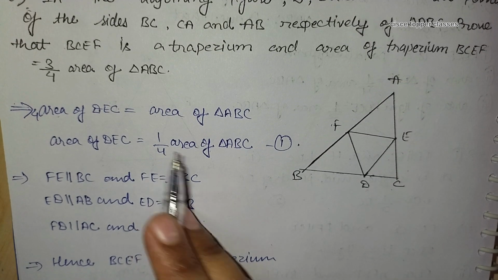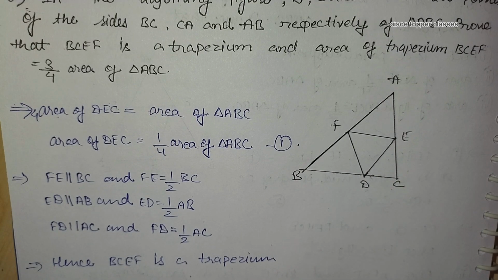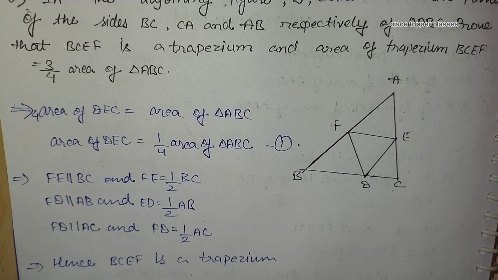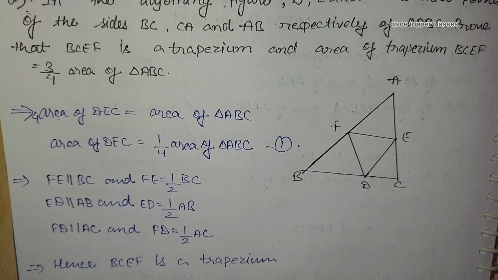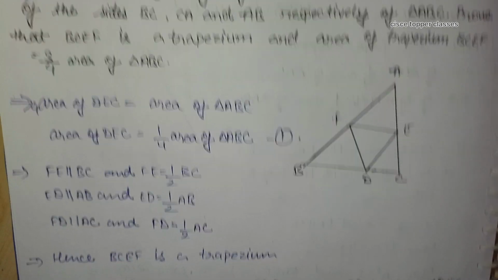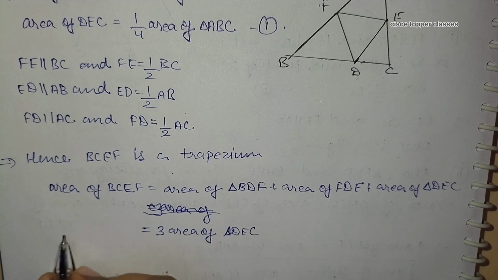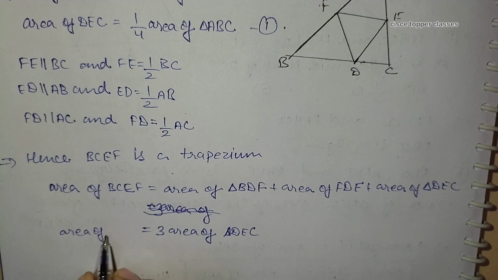And as we have above proved that these four triangles are equal, means these three triangles are also equal. So here we can write, it is three area of triangle DEC, and this is equal to area of BCEF.